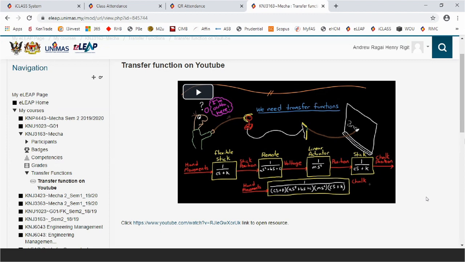And Fikri will give you another assignment. So there will be two assignments, one for me and one for Fikri. And my assignment will be divided into two parts. One part on this one here, mathematical modeling all the way to transfer functions, and the other one is on the overall concept of a control system. Yeah?